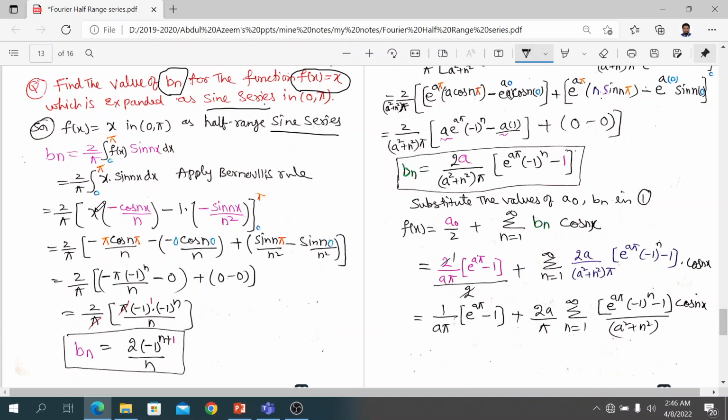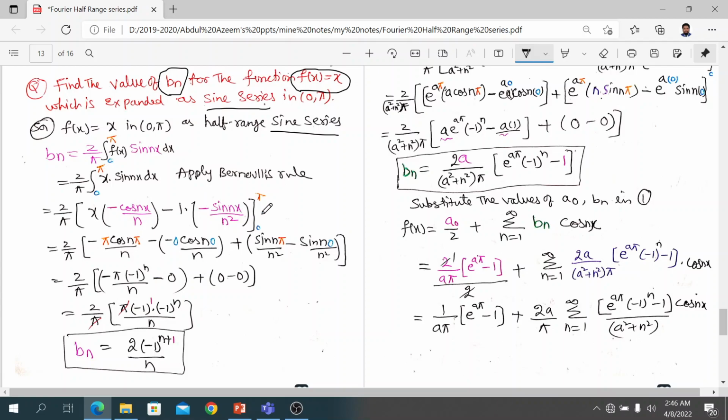x as it is, derivative of x is 1. Minus formula, x is 1. Now sine nx integration is minus cos nx by n. Again the integration means minus sine nx by n square. Upper limit minus pi cos n pi by n minus 0 cos n is 0.